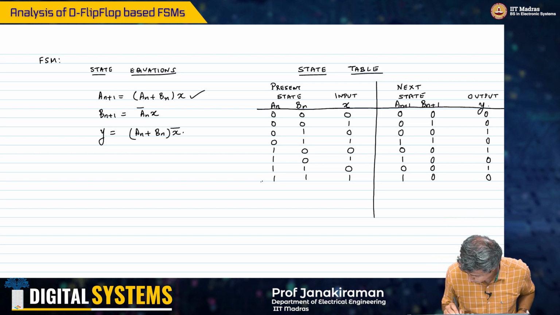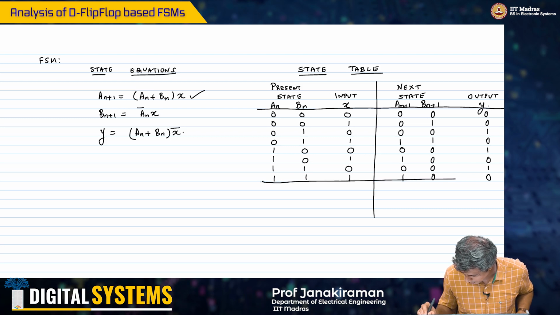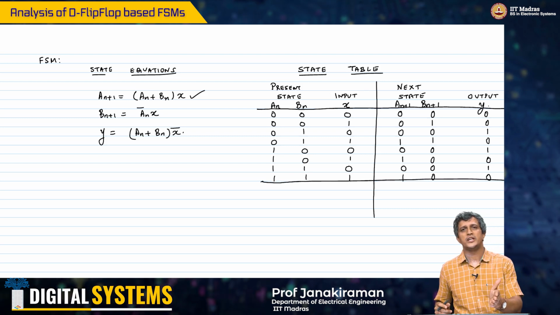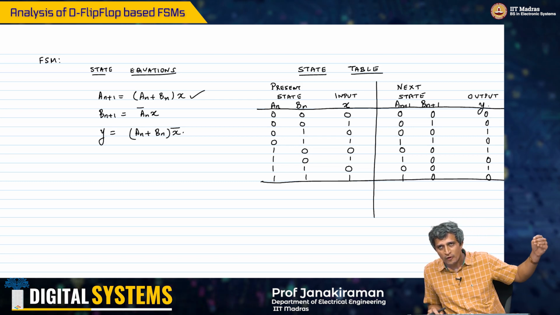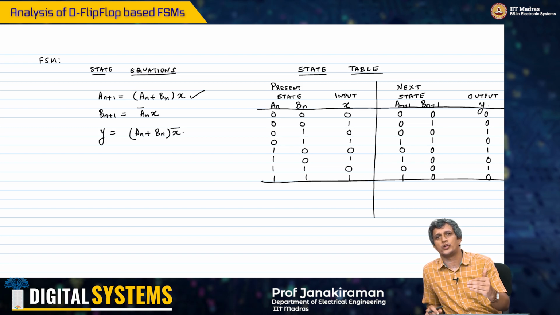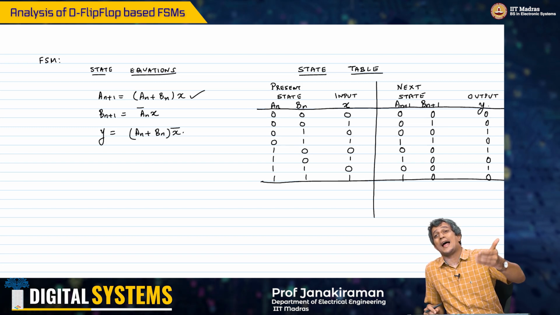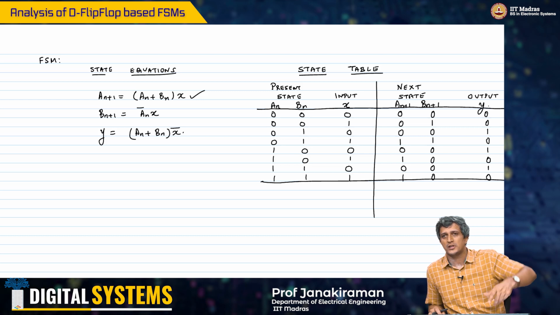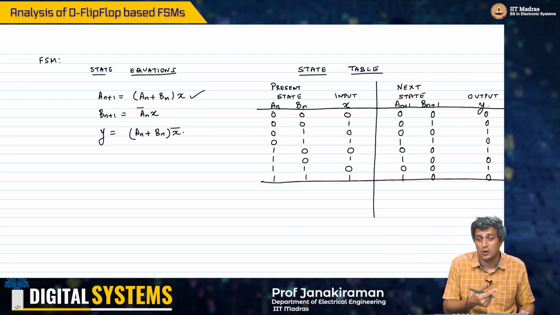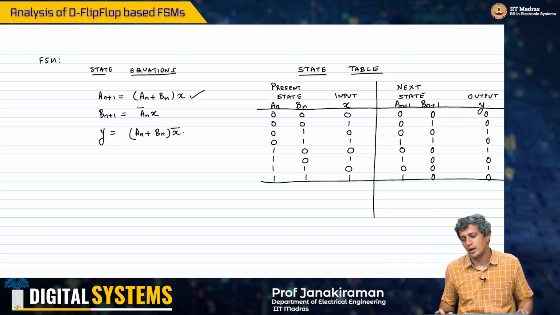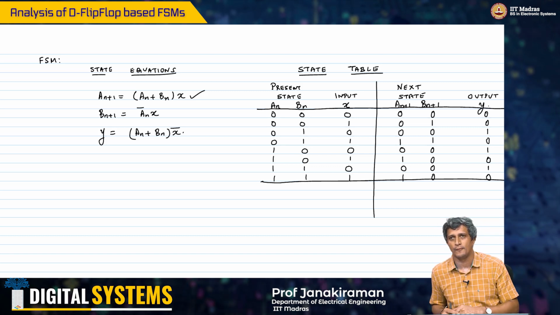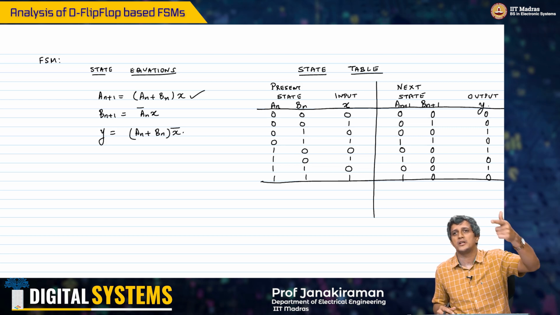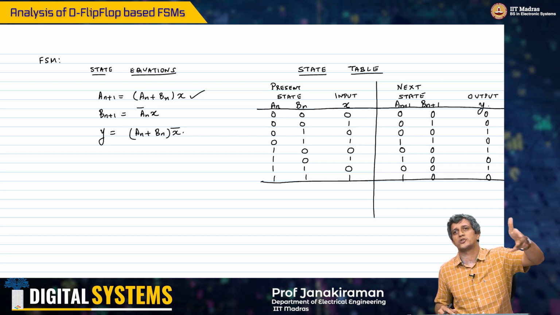With this, we have been able to capture the behavior of these state equations using a state table. Remember, this forward path that we are studying is so that we get comfortable to actually do the design of an FSM, where we need to come backwards. You may be given a state table, or some other representation, and asked to design an FSM.